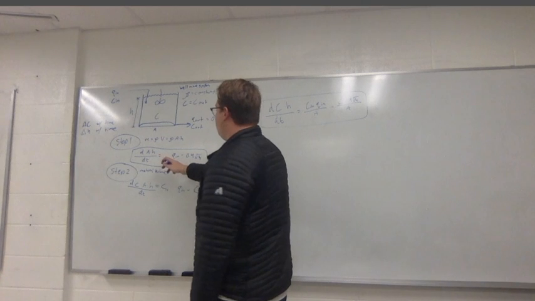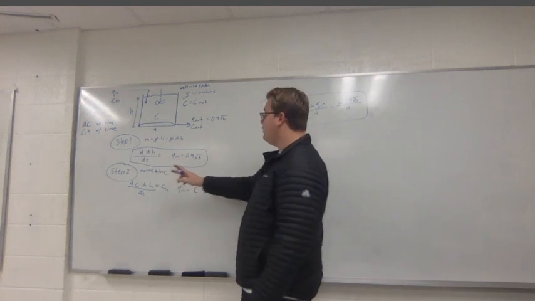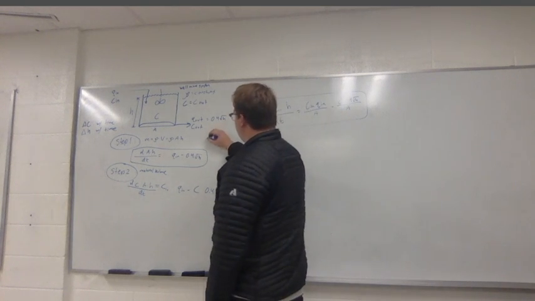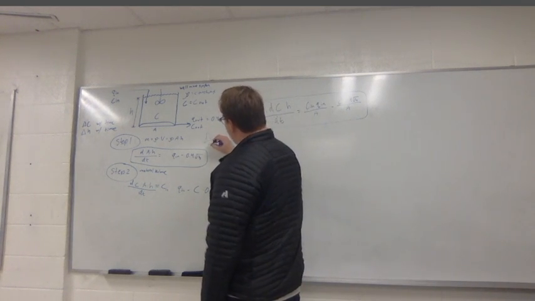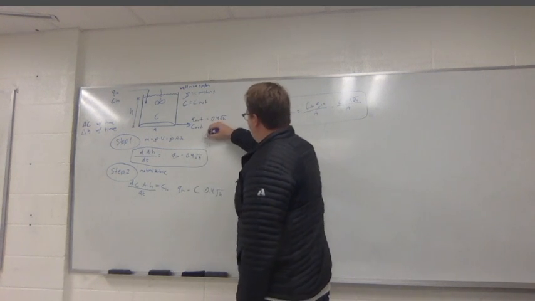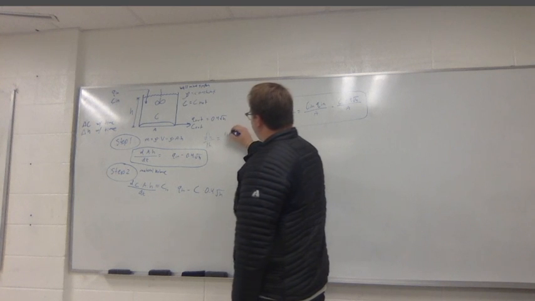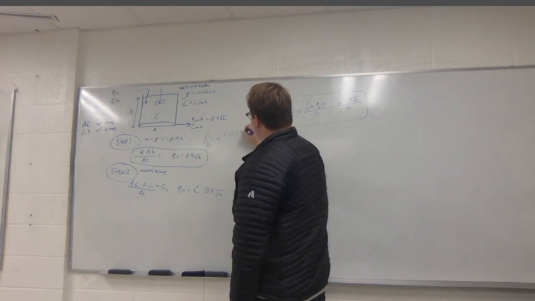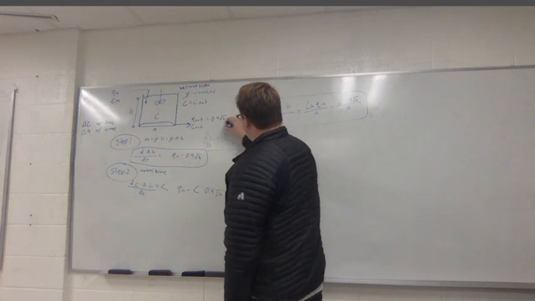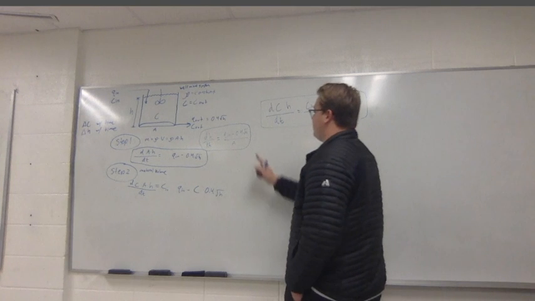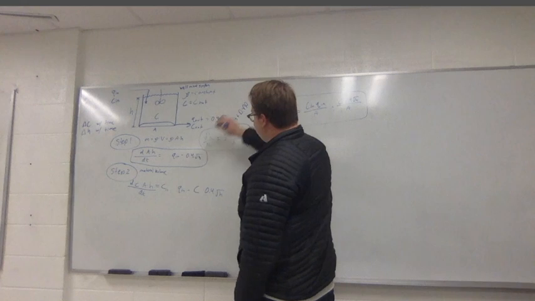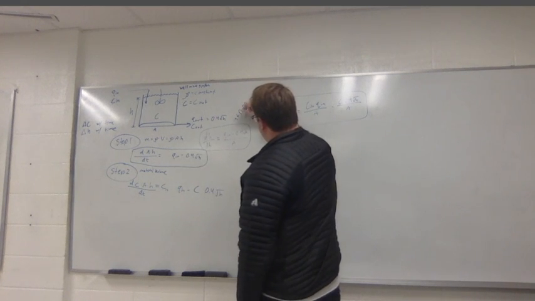So here, I can easily get dh dt alone by dividing by A. So that just becomes change in height with respect to time is equal to flow rate in minus 0.4 root h, divided by A. And there I have my first differential equation showing us the change in height with respect to time.